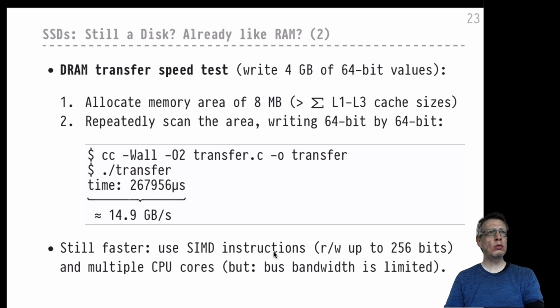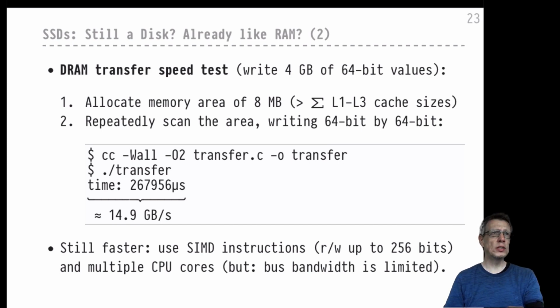To measure that, let's write a small C program that can measure the read and write speed, in this case the write speed of writing information to the RAM, to the primary memory of this particular machine. We will again write 4 gigabytes of data, in this case 64-bit integers.